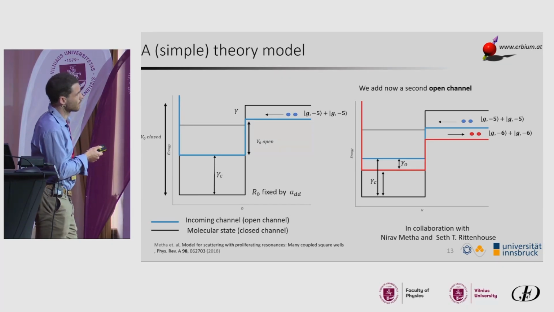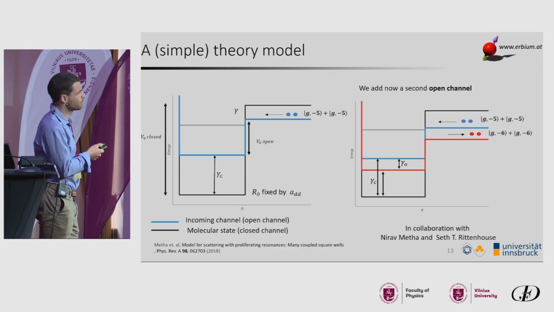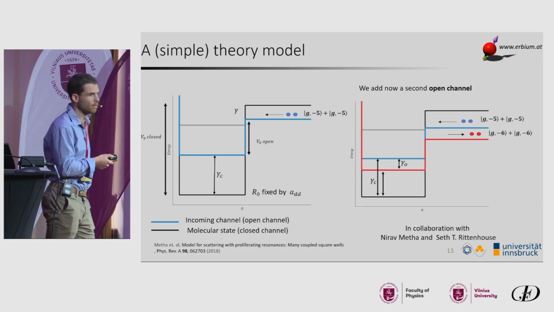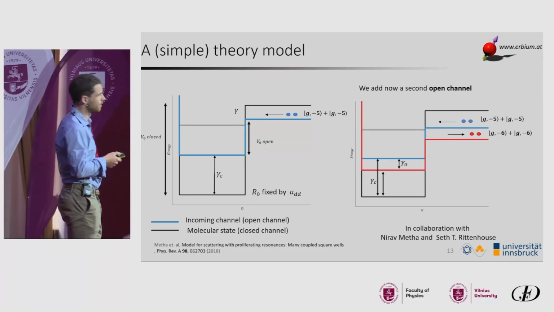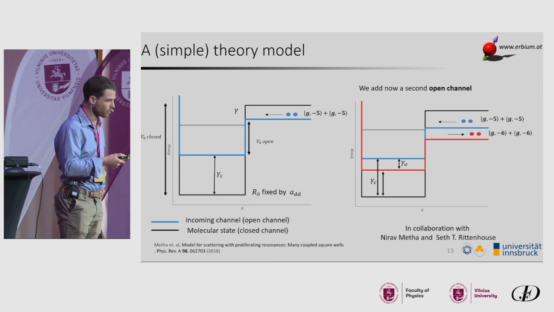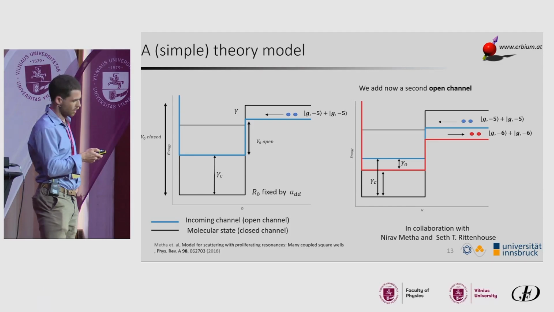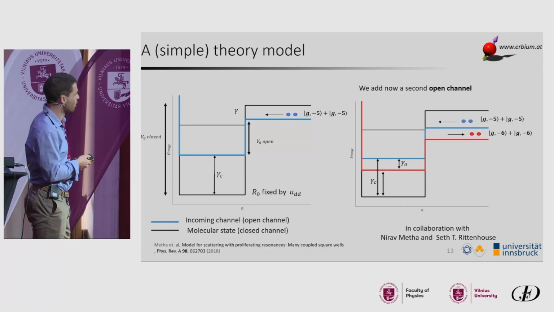And secondly, they can form a molecular state, and this molecular state can decay into -6 or can choose to go back to -5. So now we are exactly in the situation, with this model, of what was described in the initial paper from Hugo Fano.